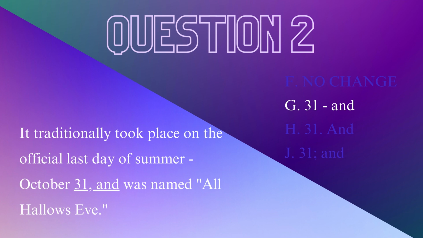October 31st is simply some extra information about the last day of summer because maybe that's a different last day of summer for that time period or for that part of the world. So in order to add that extra meaning there, maybe we need to clarify what their last day of the summer was. So the correct answer here is G, okay?